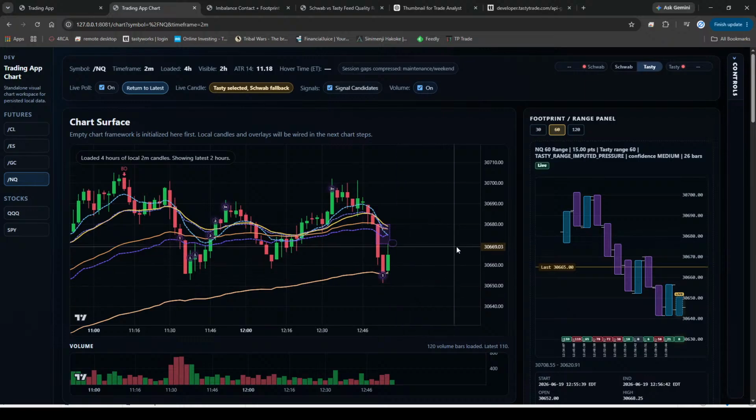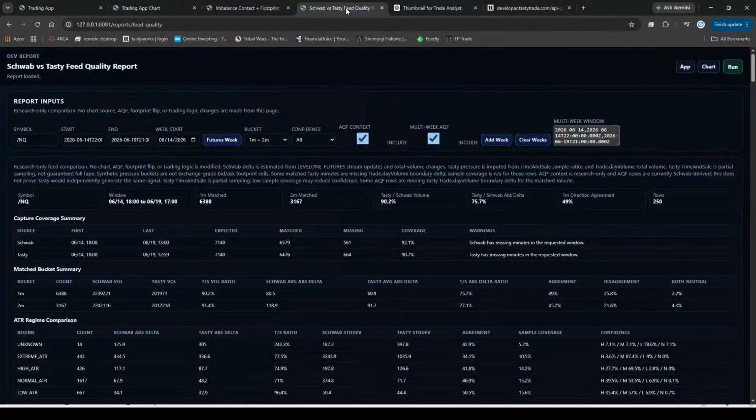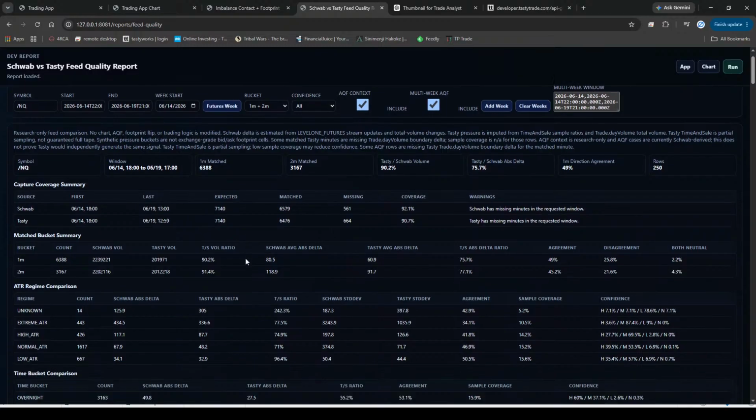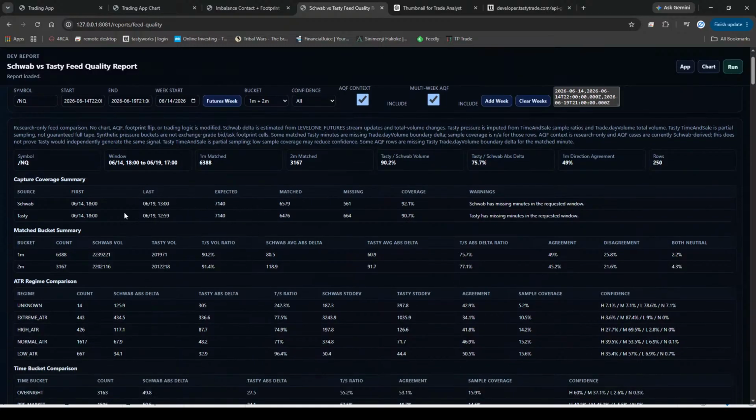It's just that what we're finding is that even though it's overstated, the direction is correct on both of them. And so that's what we're starting to analyze, the difference between the Schwab and Tasty, that even though there's differences, and Tasty's usually smaller, I consider Tasty to be more precise on the delta, because we're estimating delta, because I don't have a true tick feed, so I don't have a true delta, but we're trying to work into an estimated delta.